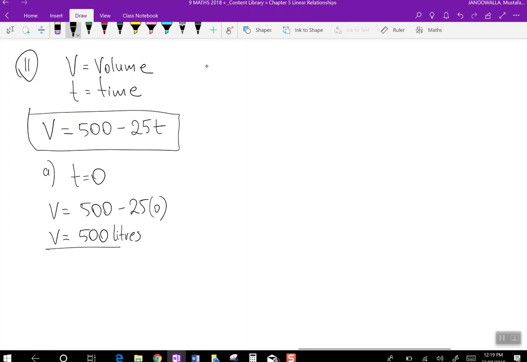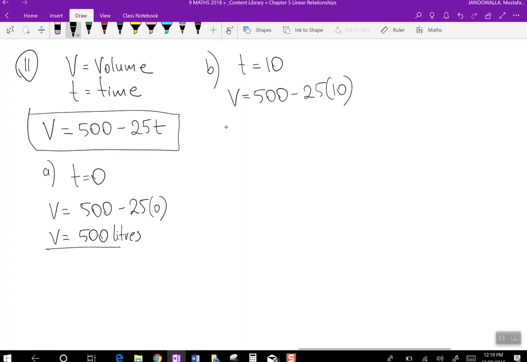Part B says, how many liters of flour is left in the tank after 10 minutes? So when T is 10, all you've got to do is plug into your equation. V equals 500 minus 25 times 10 after 10 minutes.